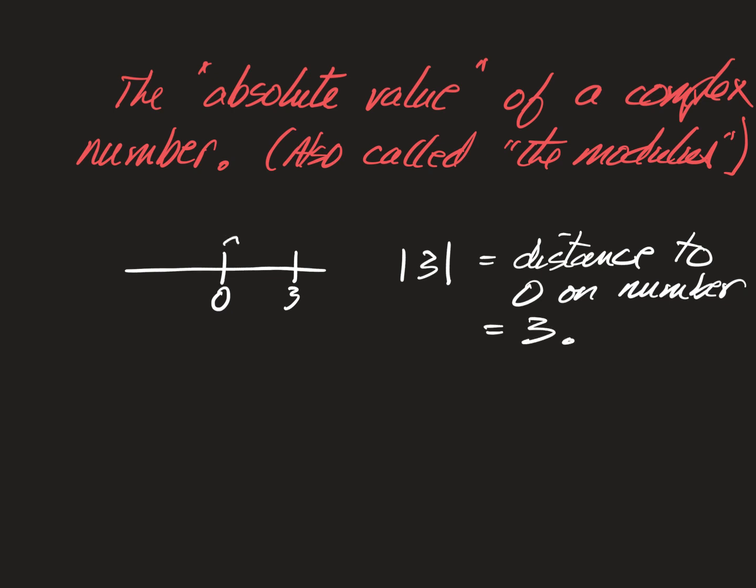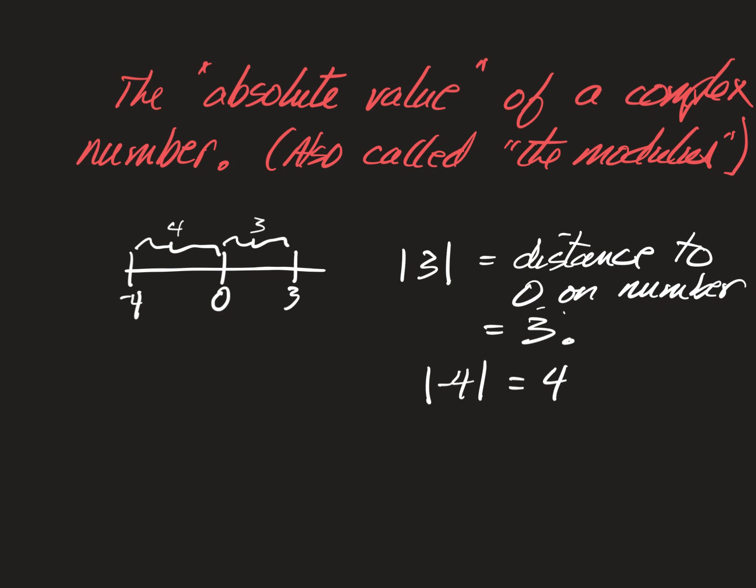This is the geometric definition of absolute value. Now, in the same way, you could take negative 4 and you want to know the absolute value of negative 4. Again, how far is that from 0? Well, it's a distance of 4. All right? So we're trying to get back to 0.